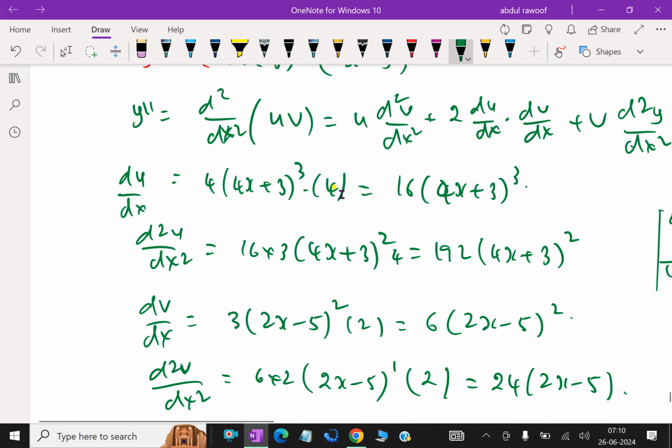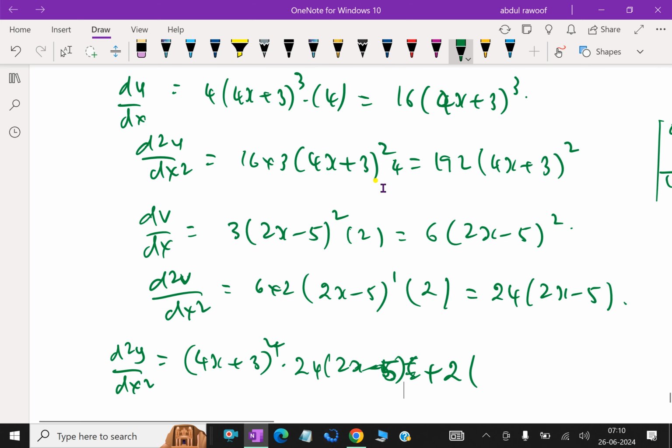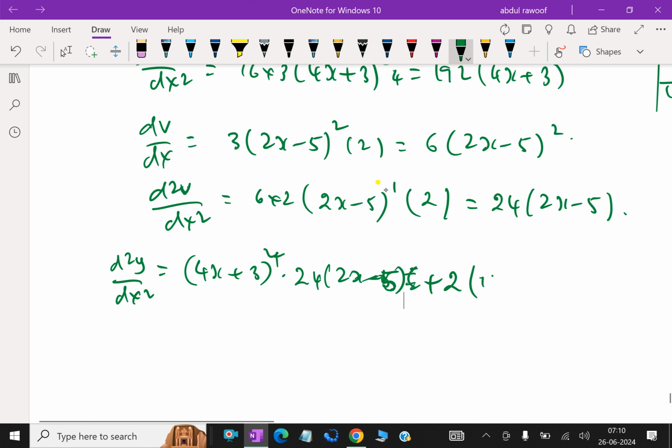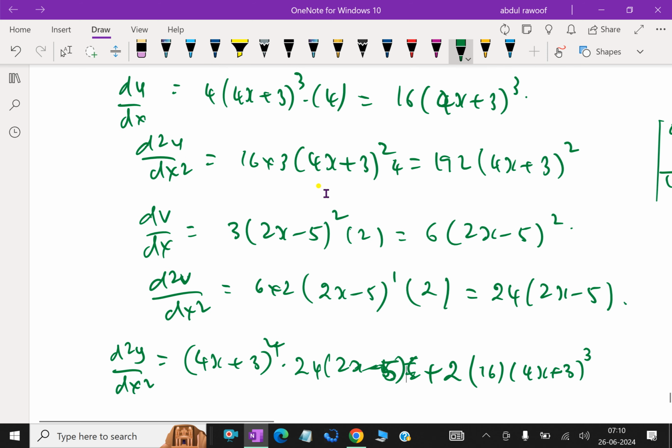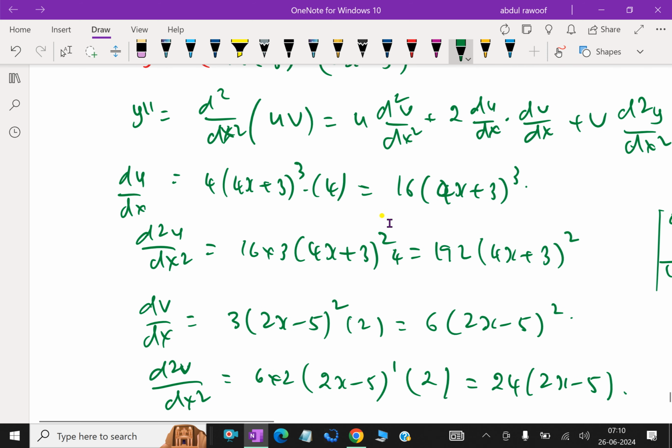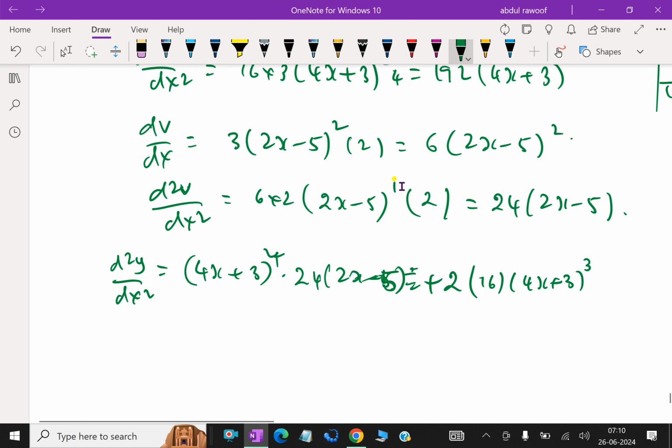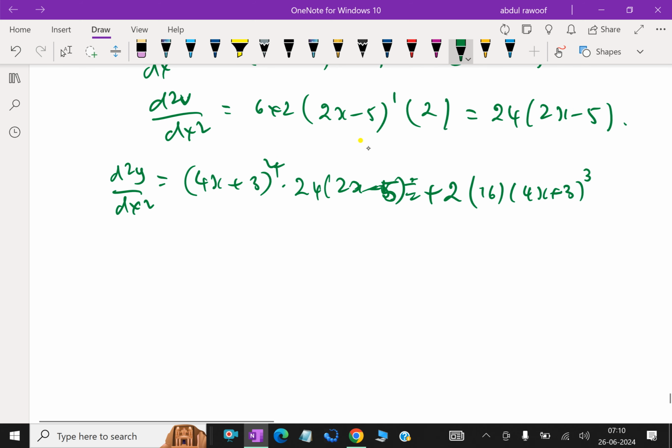Du by dx is 16 into 4x plus 3 whole cube, and dv by dx is 6 into 2x minus 5 whole square.